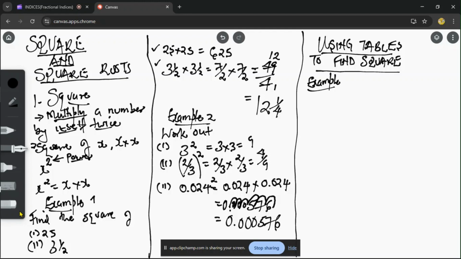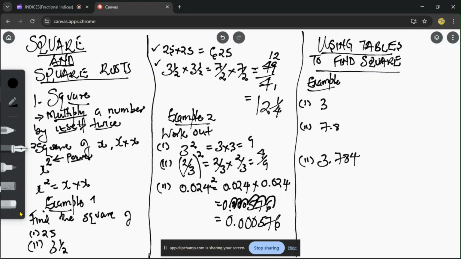The first example, I pick number 3, and the second example, I want to pick a number like 7.8, and then a number like 3.784.